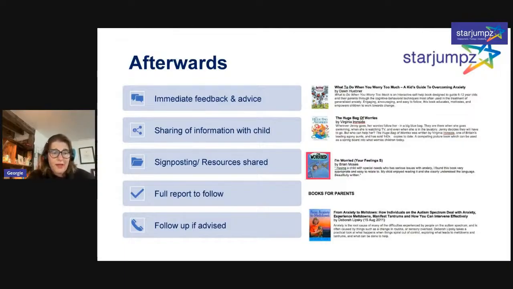We'll talk about that at the time. Some parents do want to book an online appointment to talk through things, and that's fine. We'll try and accommodate that. It's on an individual basis, really, but we do have some avenues to support that. So that might be a different type of follow-up.